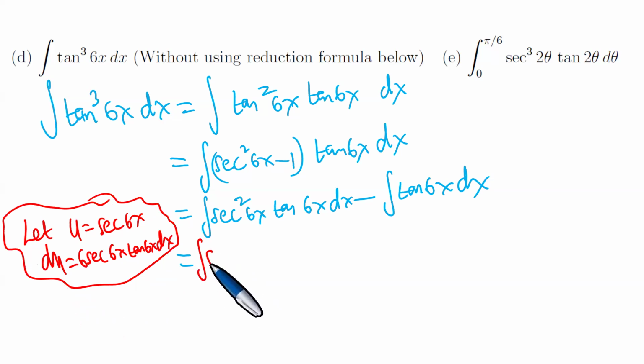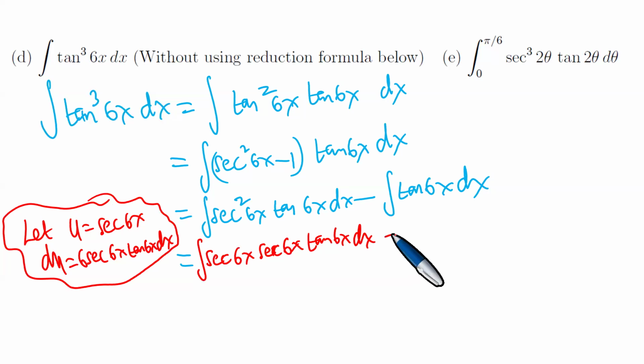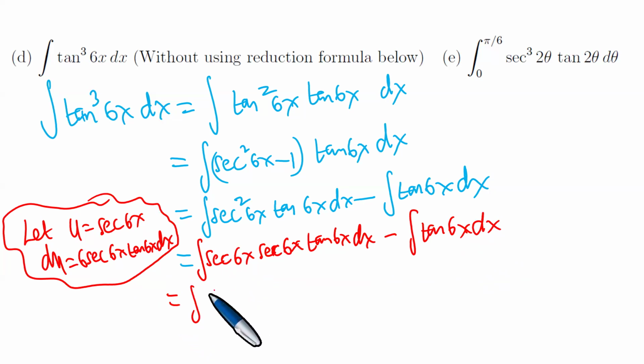Okay, so in the end, it's minus the integral of the tangent of 6x dx. So that now you let u to be the secant, and you substitute.